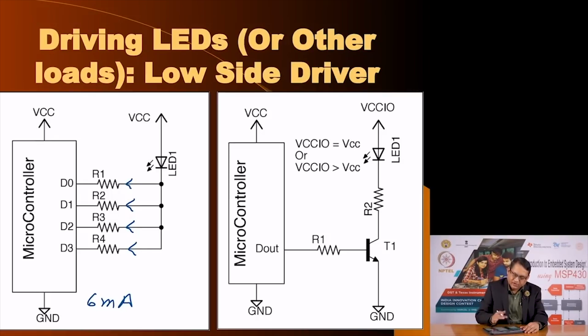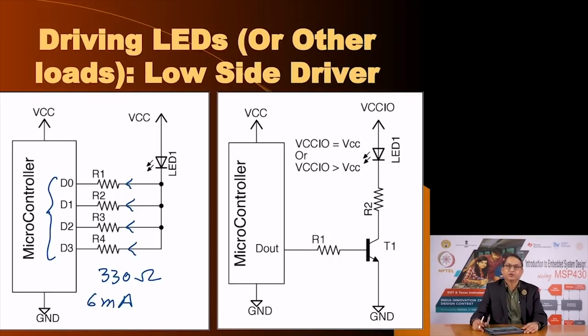So, if you want the low side control of the LEDs and more current through the LED of say 20 milliamperes, you allow 5 milliamperes each, and all resistors will be 330 ohm. Now, with this you can turn the LED on by making all these bits set to 0, and if you want to turn the LED off, then all these bits will be set to 1.